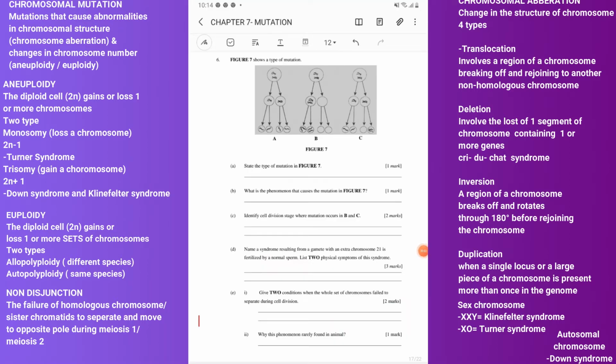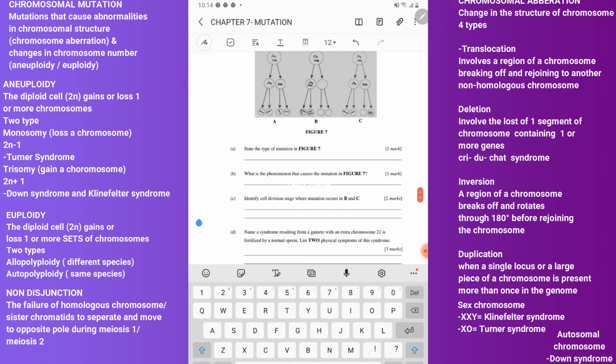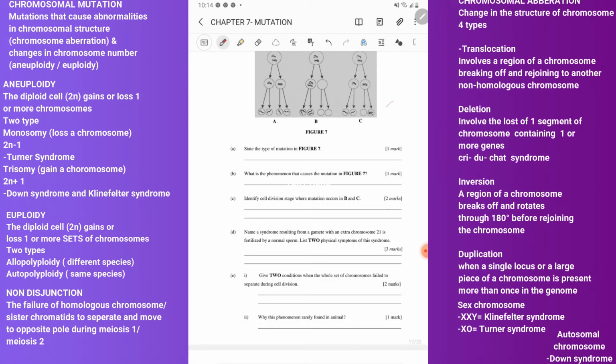Choose a type of mutation. So, state the type of mutation. There are two types of mutation, either chromosomal mutation or gene mutation. This one is referred to chromosomal mutation. What is the phenomenon that causes the mutation in figure 7? The phenomenon that causes chromosomal mutation is non-disjunction.